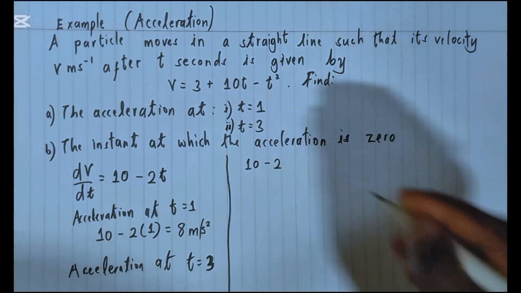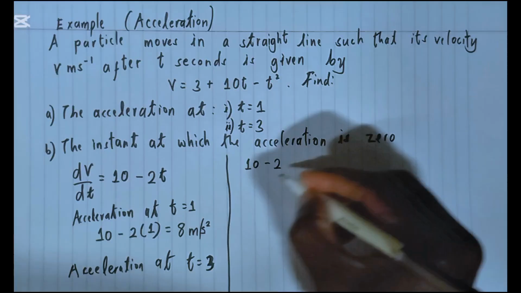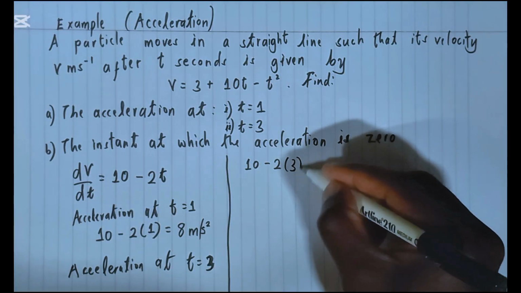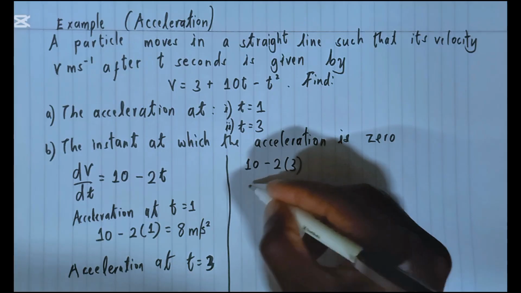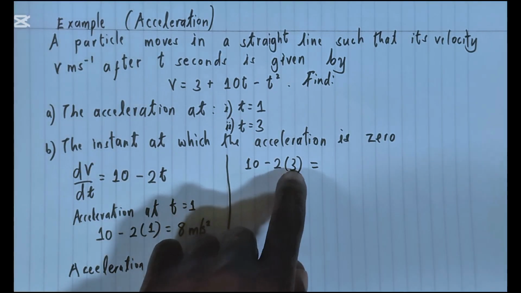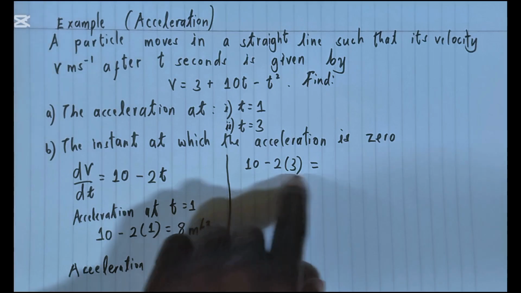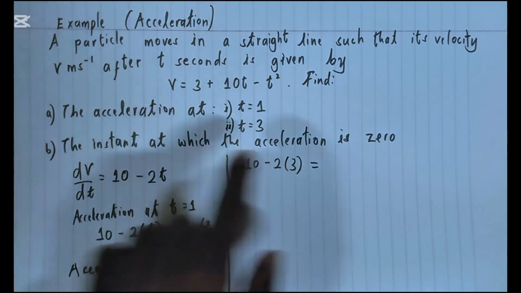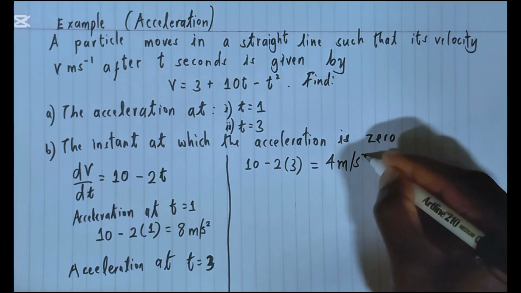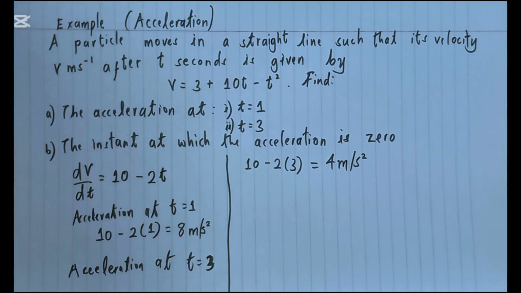So that will be 10 minus 2 into 3, and this basically will give us 10 minus 6, that is 2 times 3, which will be 4 meters per second squared.